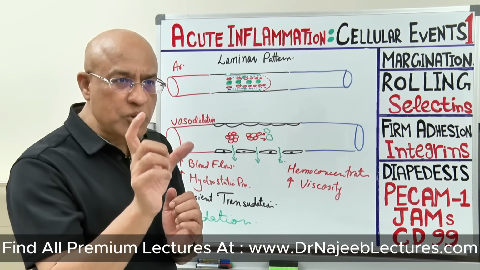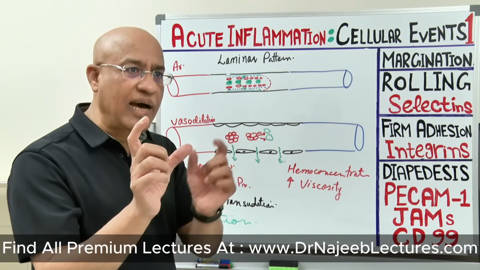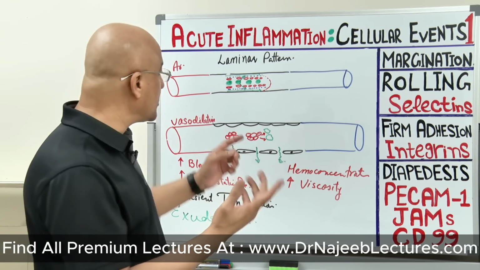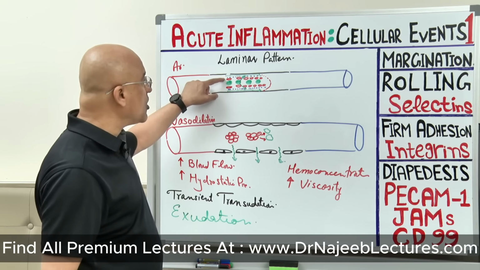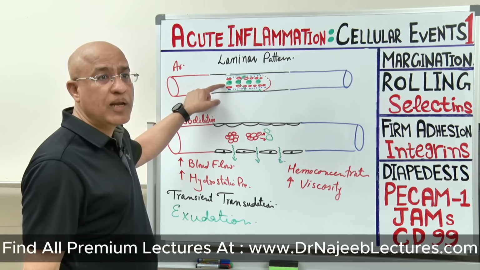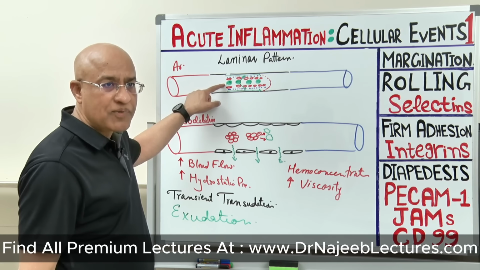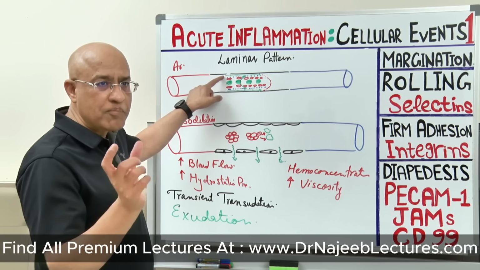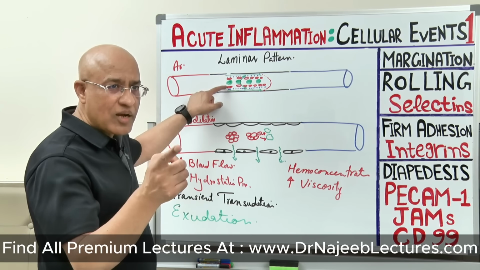Normally, an individual white blood cell is larger than a red blood cell. For example, a red blood cell is 7 micron and a neutrophil is, for example, 12 micron. But when there is a clump of RBCs, it becomes bigger than a single WBC.